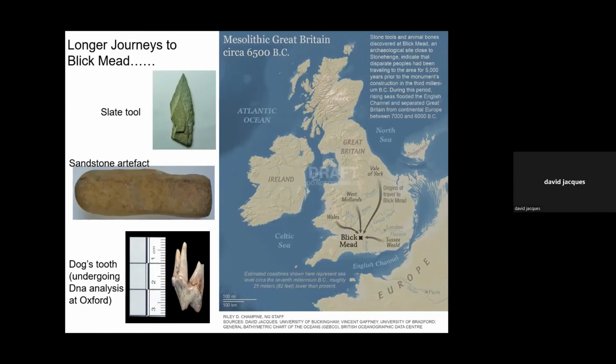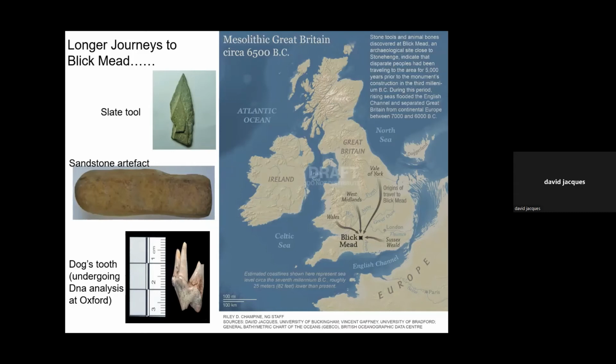So this dog is a proper dog, and the DNA analysis and the isotopic analysis, especially which was undertaken by Durham University, suggests it came way to the north of Blick Mead, possibly as far as the Vale of York, but much more likely to be to the east of that. So the dog is coming a distance too.